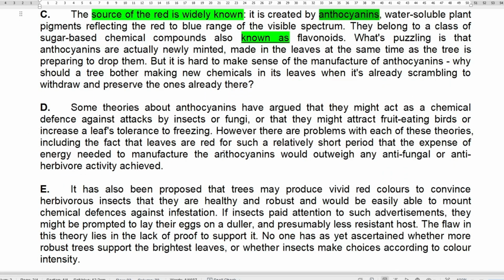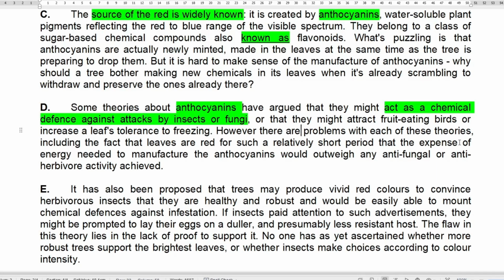Some theories about anthocyanins have argued that they might act as a chemical defense against insects or fungi, or that they might attract fruit-eating birds or increase the leaf's tolerance to freezing.